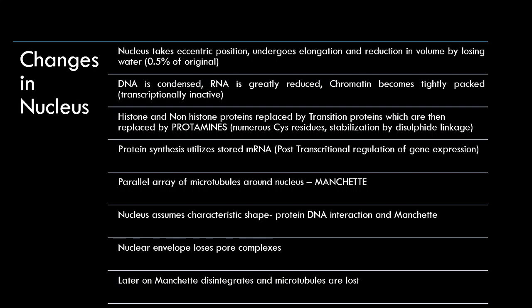So each kind of species in its sperms will have a different shape of the nucleus. The nuclear envelope will lose all its pore complexes. The manchette also disintegrates and the microtubules are also lost later on. So these are all the changes that are taking place in the nucleus.